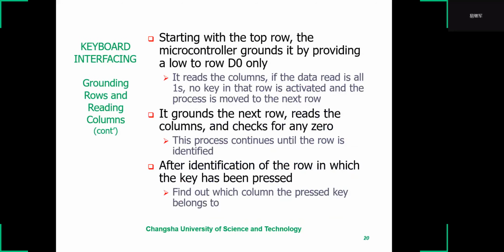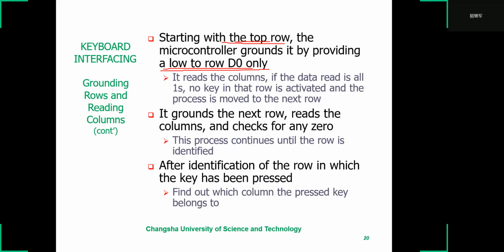If we know some key is pressed in one column, we need to identify which key it is. Starting with the top row, the microcontroller grounds it by providing a 0 to row D0, only D0. Read the columns.